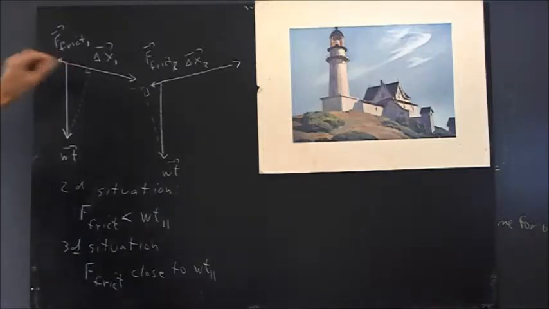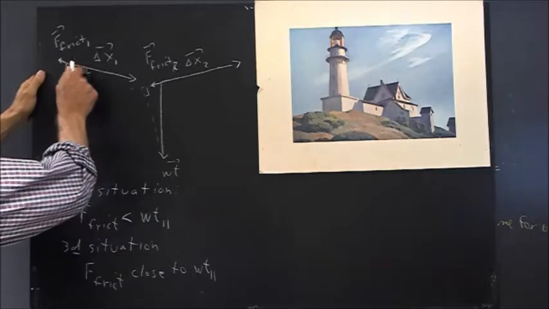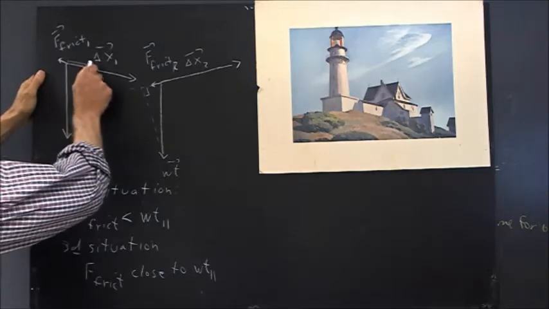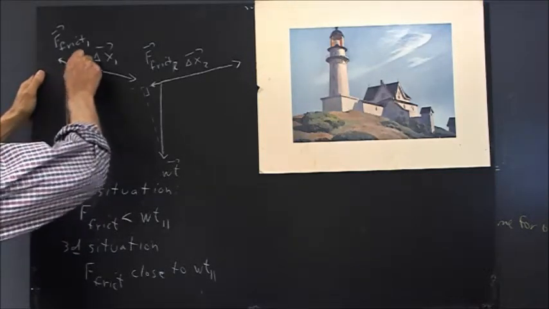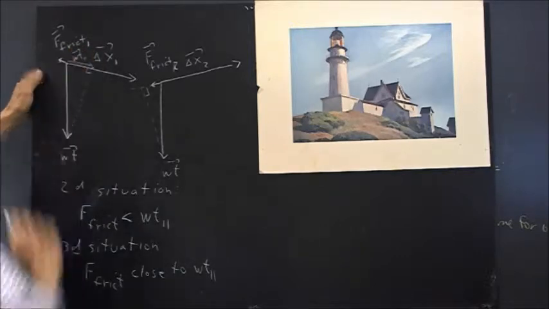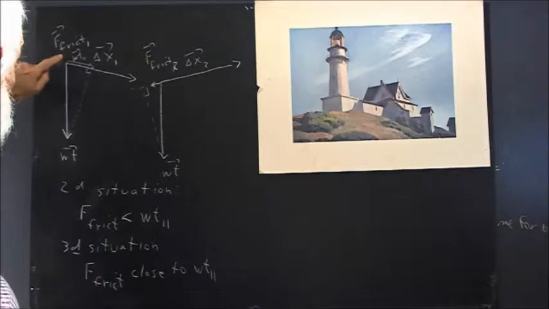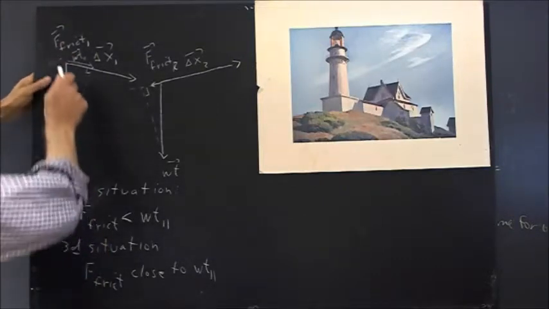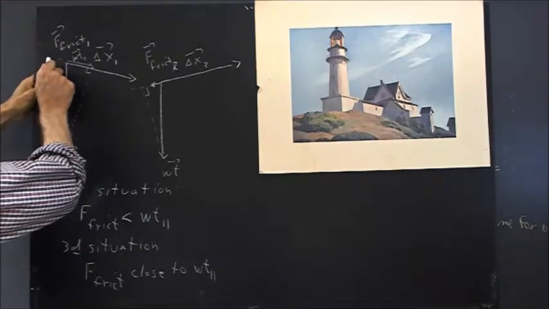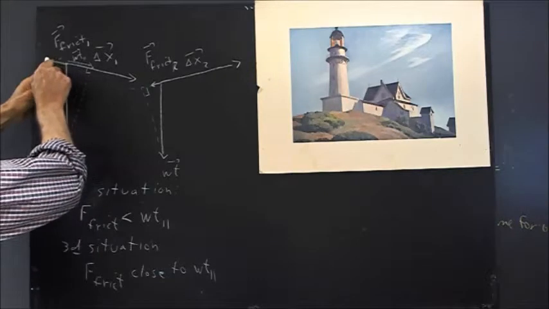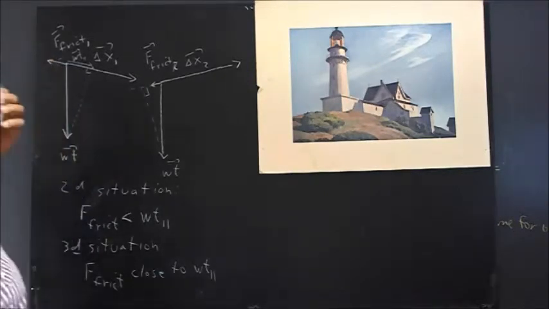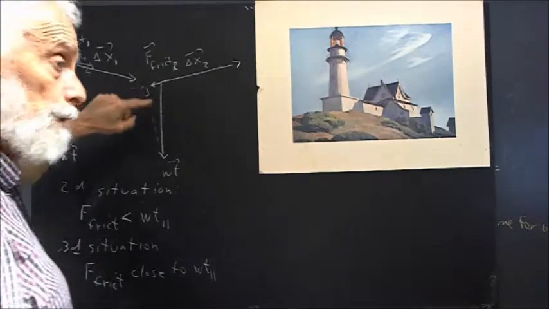So, since the parallel component of the weight vector here, here's your weight parallel. That's not written in such a way that you can really see it, but you know what I wrote there. The friction vector could be considerably larger. Okay, and it would have to be almost equally large here.